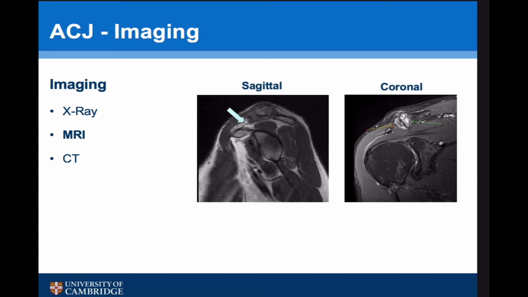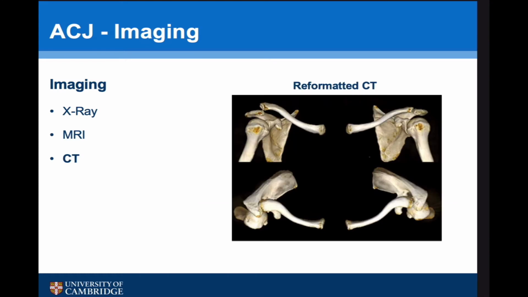It's also useful for looking at AC joint osteoarthritis and osteolysis, particularly with regards to what's happening to the rotator cuff underneath. So osteophytes occur not only superiorly, which can be felt, but often inferiorly. So along with AC joint osteoarthritis, rotator cuff pathology is not uncommon. CT scans are rarely used, and they tend to be used as reformatted and sometimes help with regards to instability.